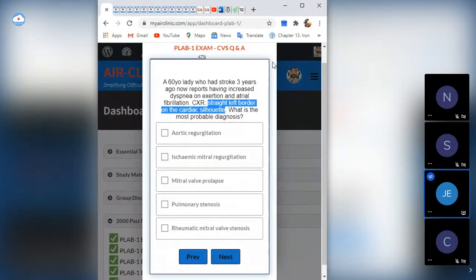So I think it's left atrial hypertrophy. And what among all these things can cause left atrial hypertrophy? First of all, it has to be a mitral valve disease. So you guys are not too far-fetched anyway. Ischemic mitral regurgitation, mitral valve prolapse, rheumatic mitral valve stenosis.